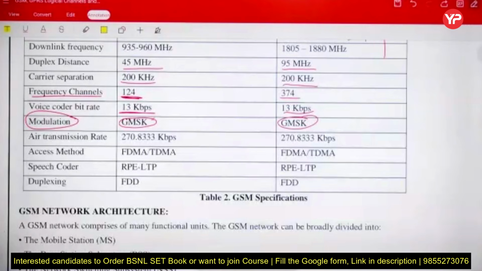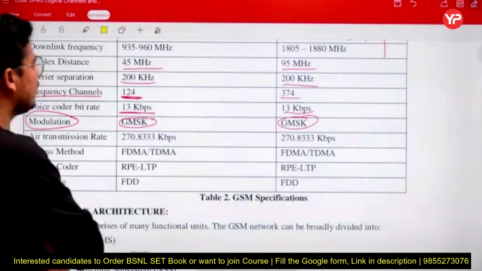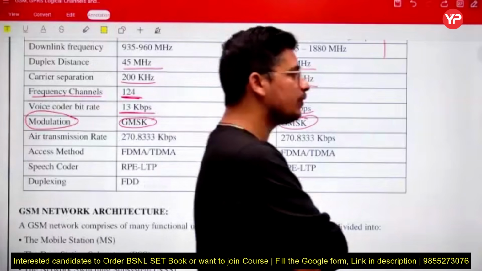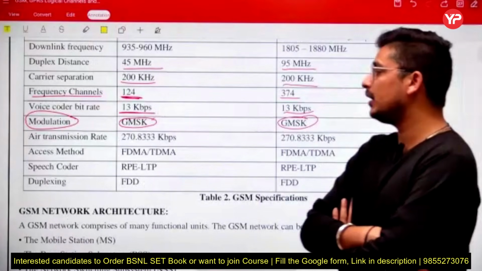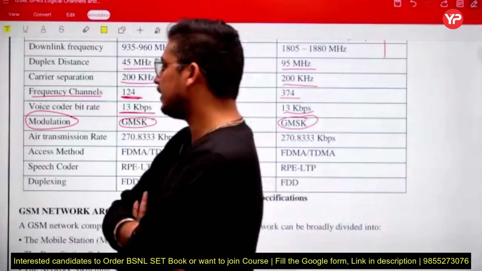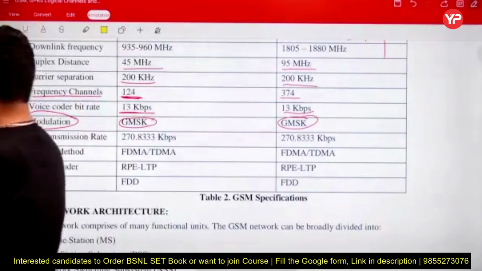Access methods are different from the duplexing. Frequency division duplexing and time division duplexing are different from TDMA and FDMA, frequency division multiple access and time division multiple access.